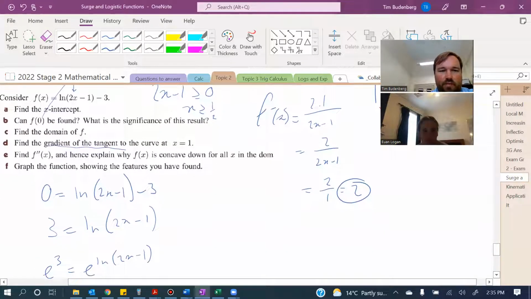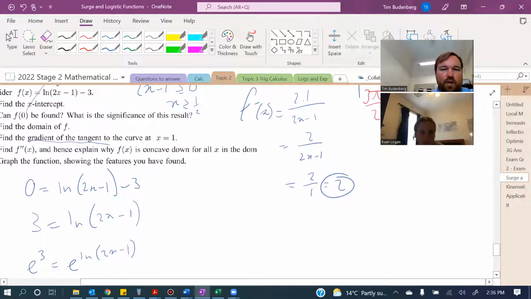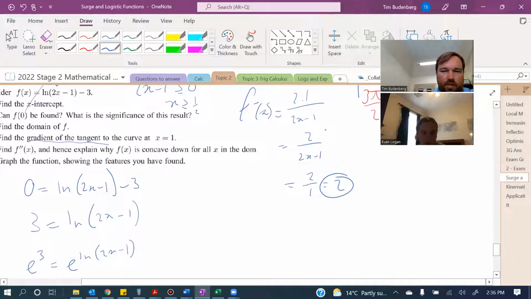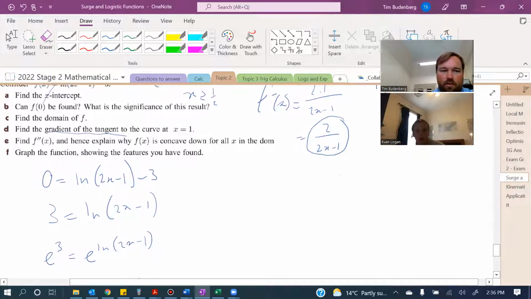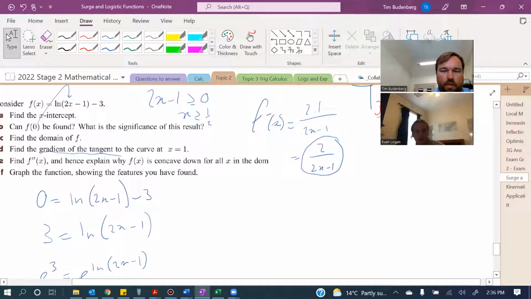Find f double dash x, hence explain why it is concave downwards for all x. f double dash x means that we need to take this and derive it again. The negative 3 is a constant, so it just goes.